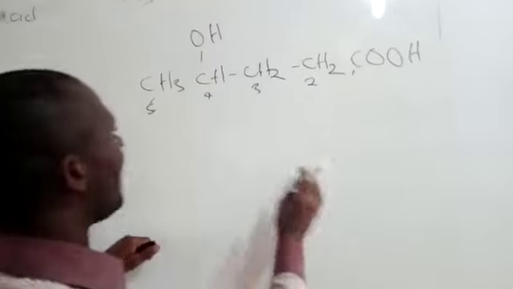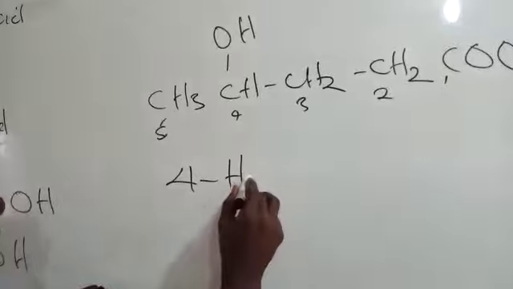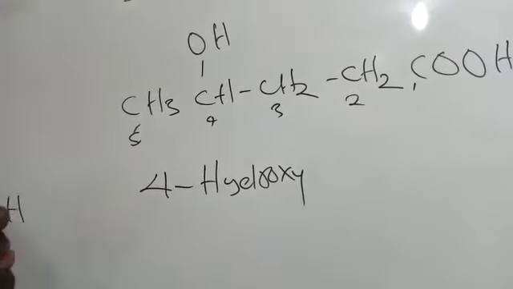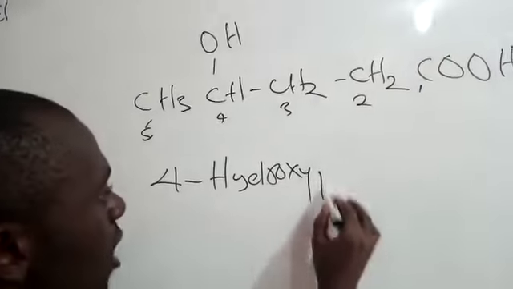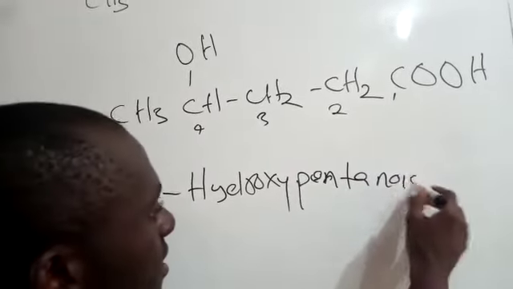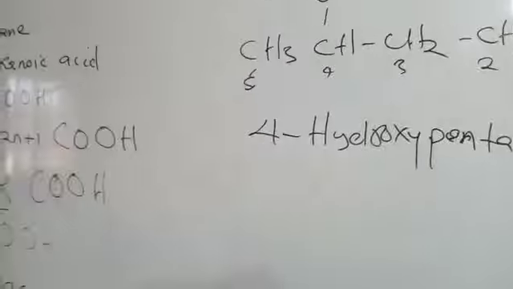So the name of the compound here, the hydroxyl group would be 4-hydroxy. How many carbon atoms are there? 1, 2, 3, 4, 5. 5 is pent, so it becomes pentanoic acid. That is how you name the carboxylic acid.